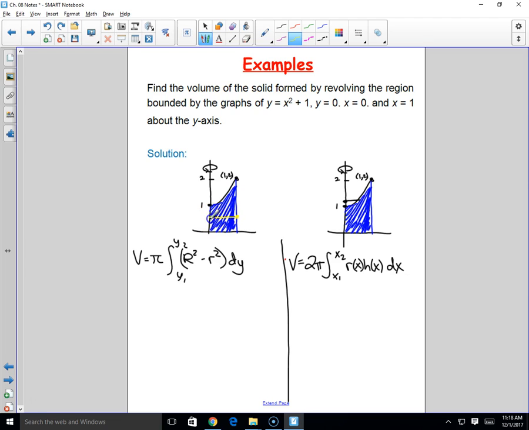Why am I showing you two different ways of solving? Versatility. You might not understand exactly what I'm saying, so I'll come back to it in a second. I have only one line for the first one, but I have 3 lines for the second one.